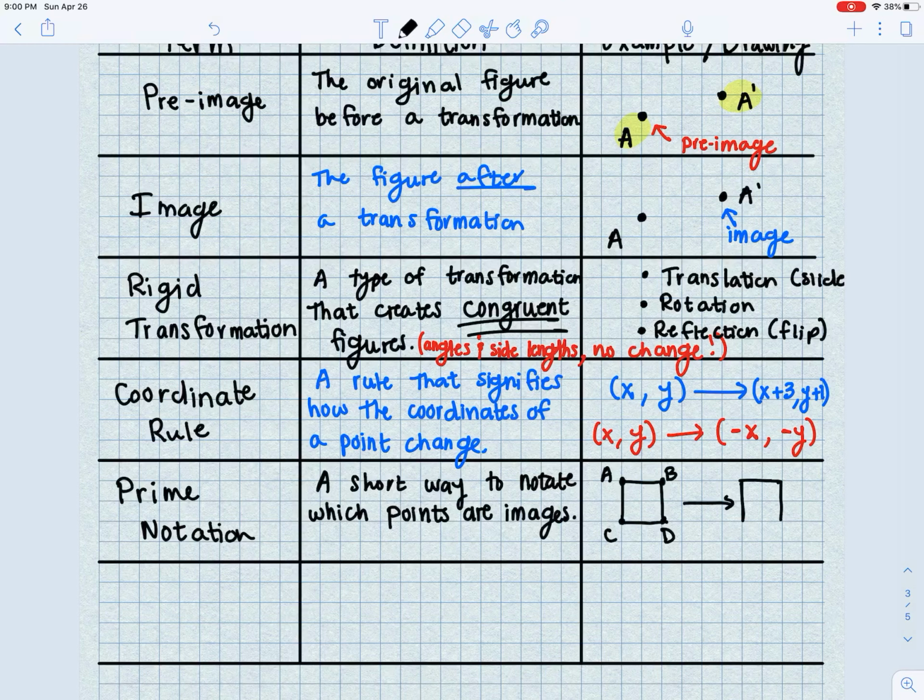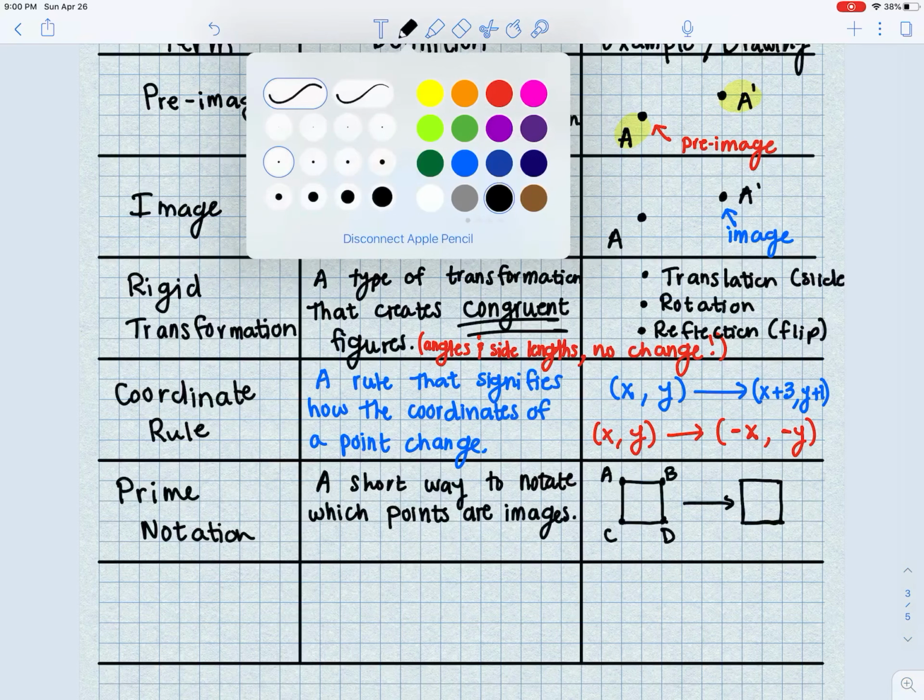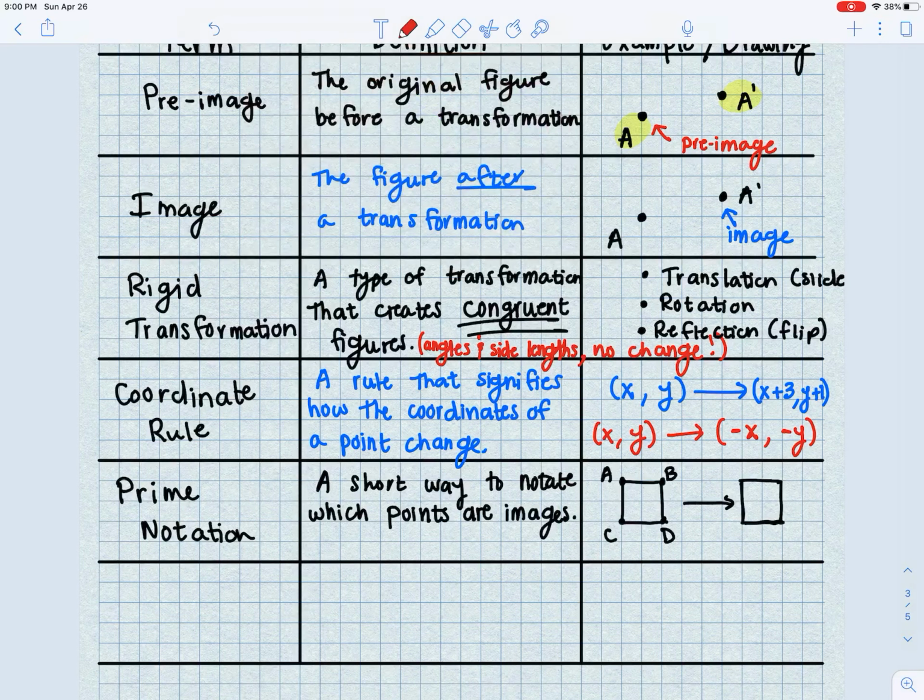There we go. Okay, I call this my preimage, the original shape, A, B, C, D.